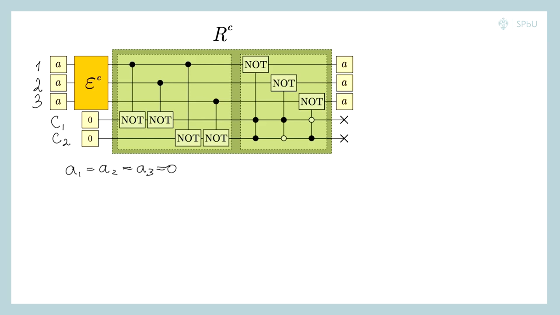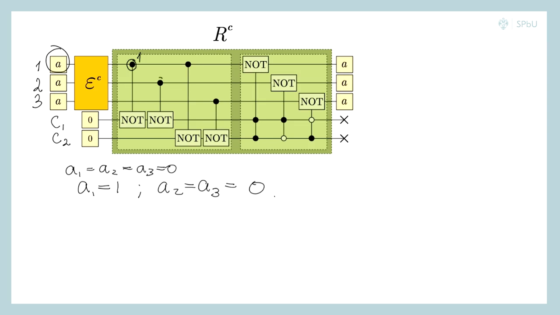And now suppose the error changed the first bit. It means now that A1 is equal to 1, while A2 equals A3 equals 0. Okay, what we have got here? The first CNOT element. Our A1 bit is equal to 1. And the first ancilla bit changes its value to 1.